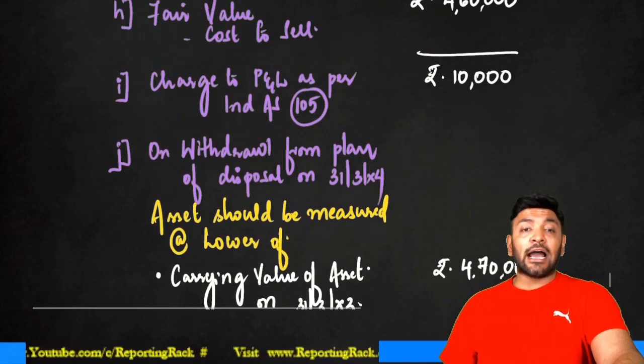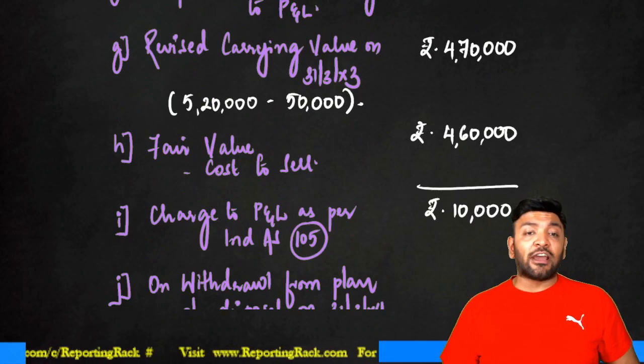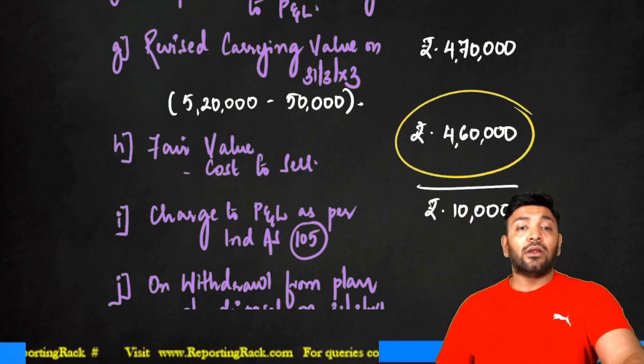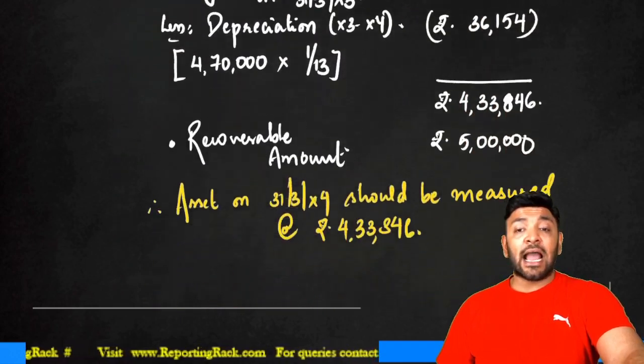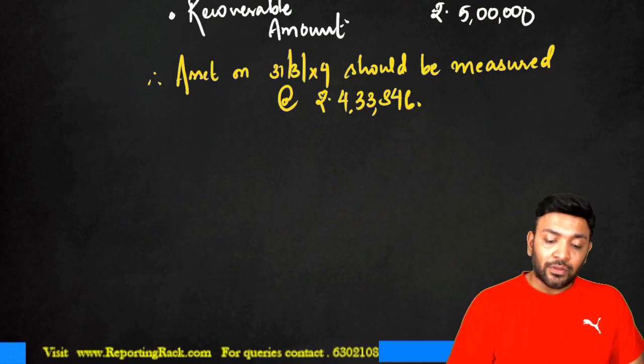Until then, as per IND AS 105, I have recognized it at the lower of fair value or carrying value, and my carrying value was 4,60,000. Now 4,60,000, I am writing it as 4,33,846.